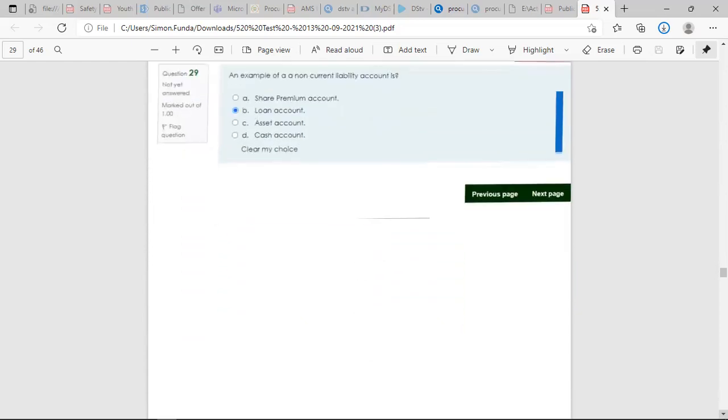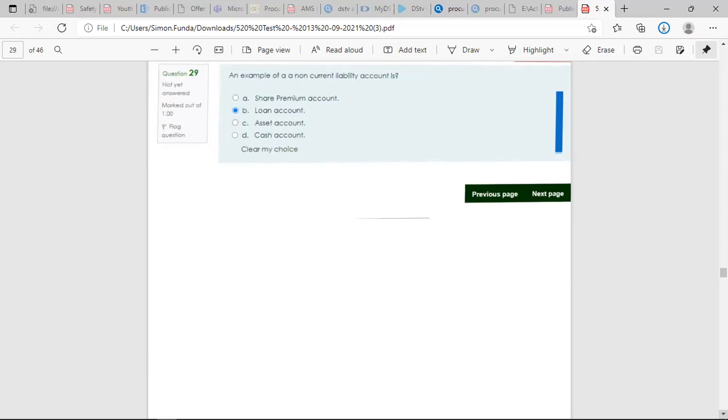Question 29. An example of a non-current liability account is: share premium capital? This is not a non-current liability, but equity.